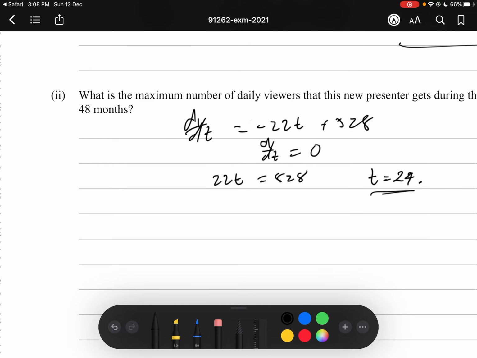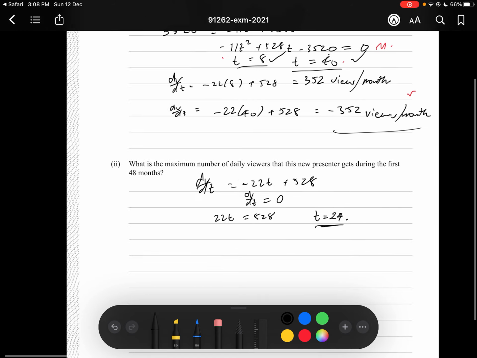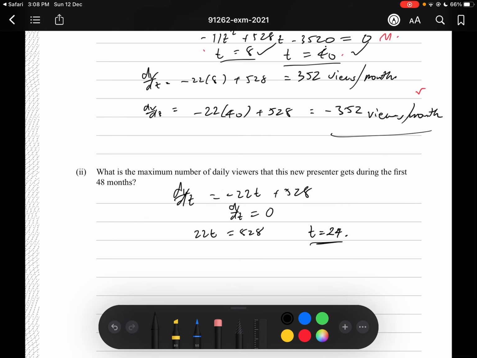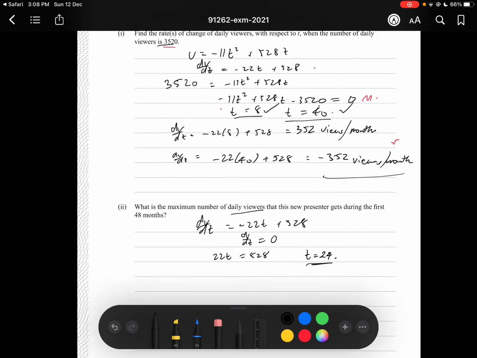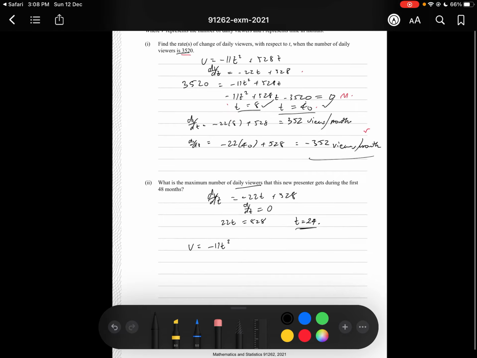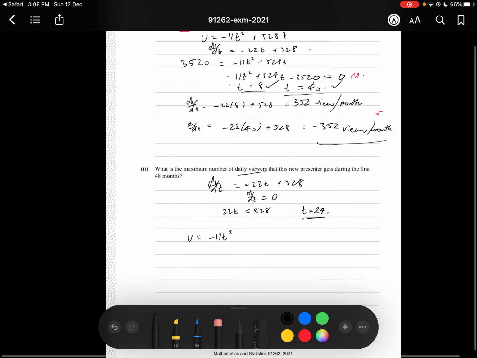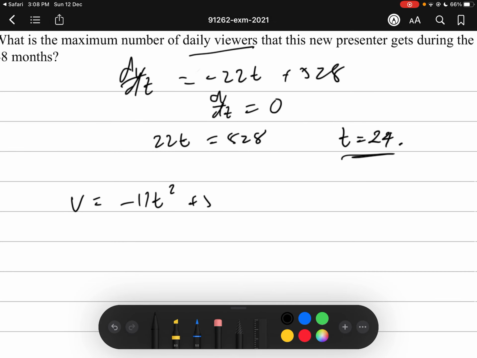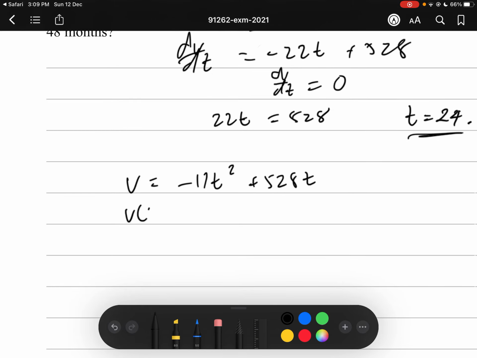Now we substitute t equals 24 back into our equation for the total number of daily viewers that the presenter will have. So v equals negative 11t squared plus 528t. So now v of 24 is equal to negative 11 times 24 squared plus 528 times 24.